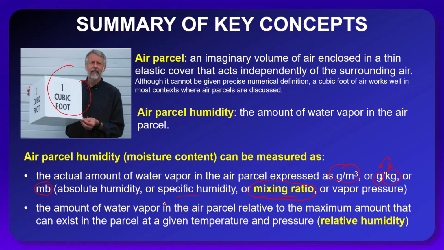The amount of water vapor in an air parcel relative to the maximum amount that can exist in the parcel at a given temperature and pressure is called relative humidity. Relative humidity is measured in percentages, and it is what is commonly used when you watch a weather forecast.